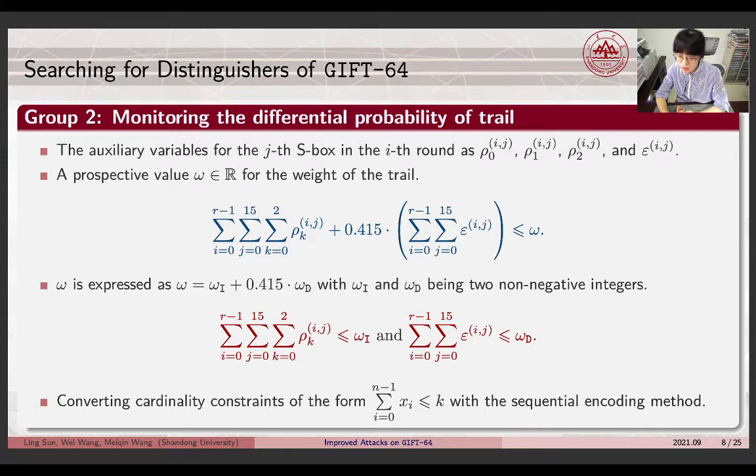Then we transform the original restriction into two inequalities oriented to integers. Now, this kind of inequality oriented to integers can be converted into Boolean expressions with the sequential encoding method.